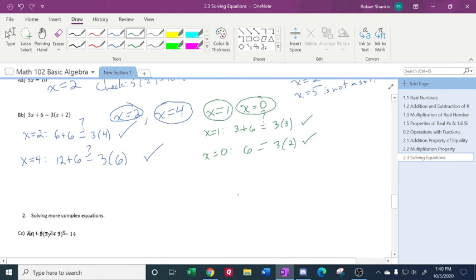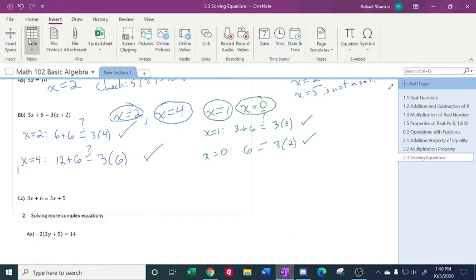Okay, and we can show that every number is a solution to this. Let me just show you. Let's do the solution process on this.